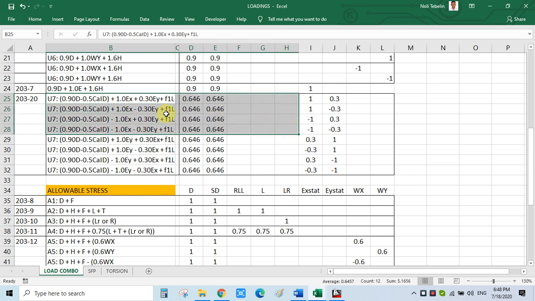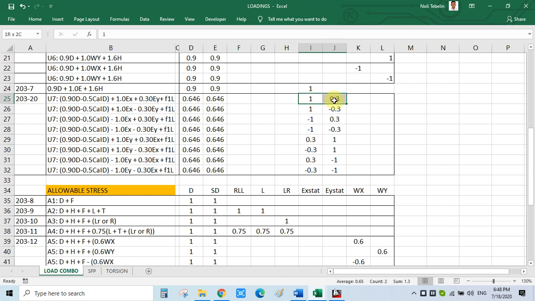So, plus 1 plus 0.3, plus 1 minus 0.3, negative 1 plus 0.3, negative 1 negative 0.3. Then, along Y naman, magkakaroon naman siya ng 100% along Y and 30% along X. Okay?